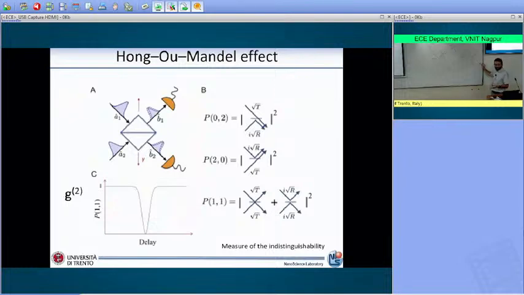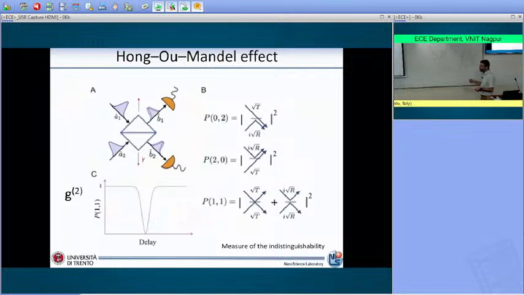And therefore, when I'm computing the probability, I have to sum the contribution of the photons realizing this situation and the contribution of the photons realizing that situation. But what is different in those two situations is that in the reflection coefficient that describes what is happening at the beam splitter, I have the imaginary number i.